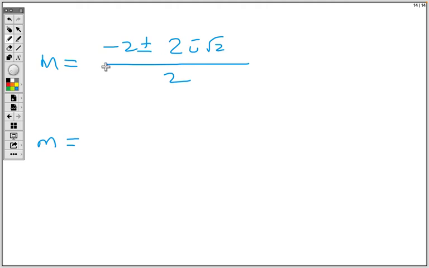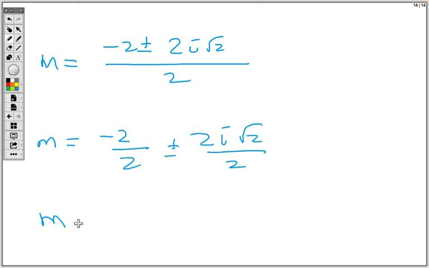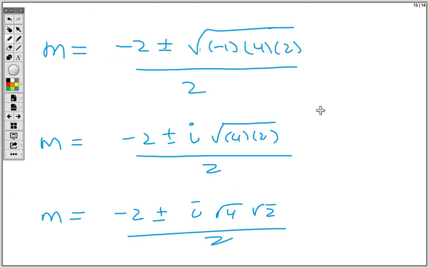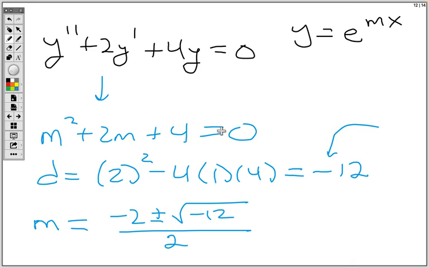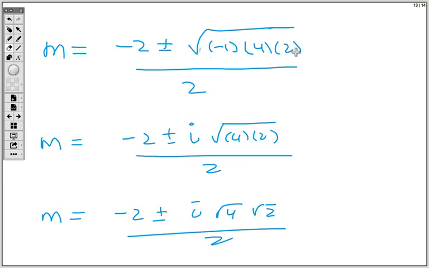And now we can either factor the 2 out and then cancel the common factor, or we can split the numerator, however you want to do it. This is the correct way to simplify our answer. Oh yeah, thank you. 4 times 3. This is the 3.